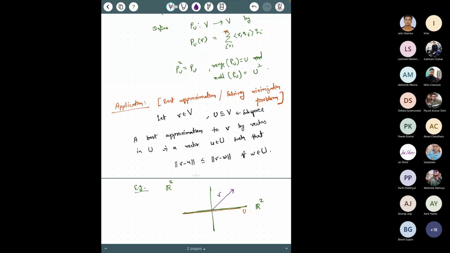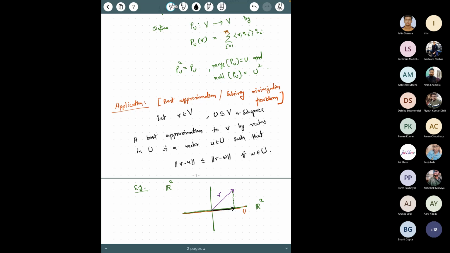You just draw a perpendicular from this vector V on U, and wherever this perpendicular meets the subspace U, that vector would be the vector nearest to this V from U.